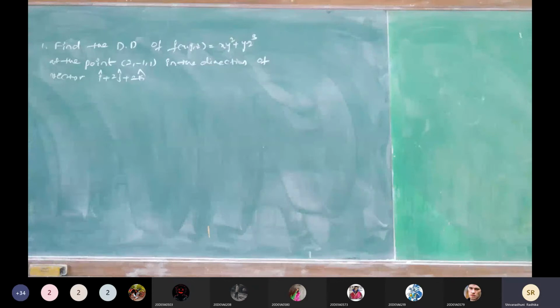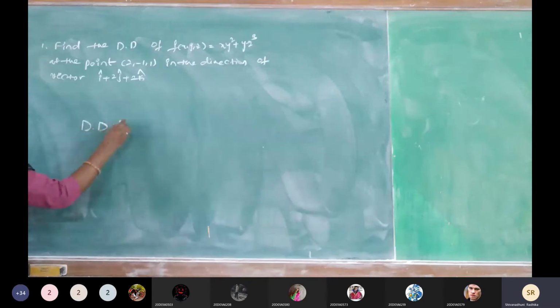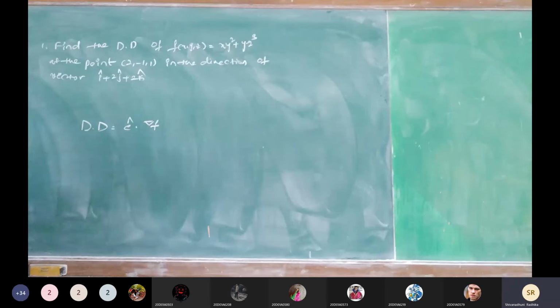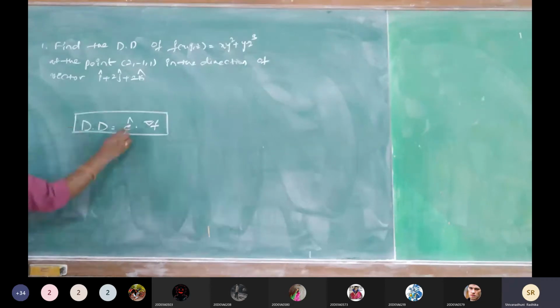Is it clear now? Yes. Now, see. First of all, what is the formula of the directional derivative? Listen, the directional derivative equals e cap dot del f. What is e cap?